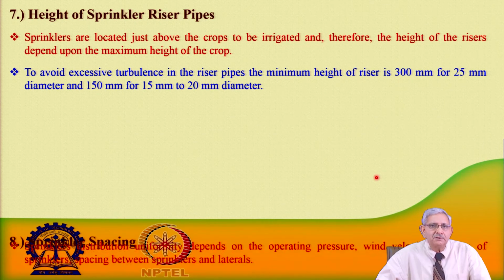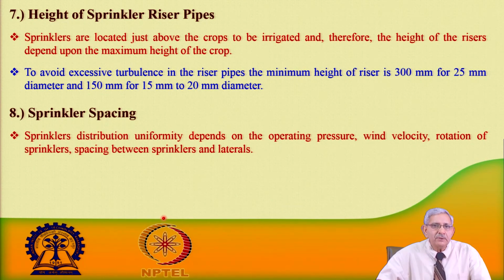in size. Now sprinkler spacing: the sprinkler's distribution uniformity depends on the operating pressure, wind velocity, rotation of the sprinkler, and spacing between the sprinklers and laterals.